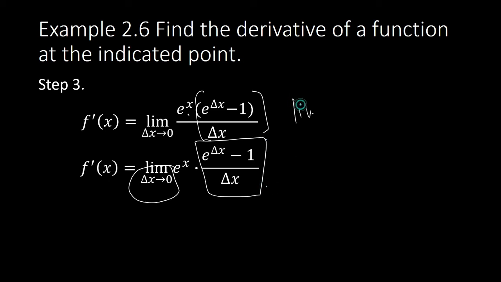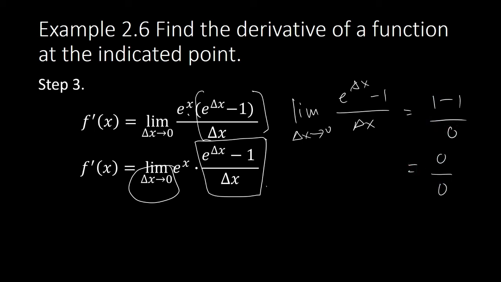What is the limit of e to the delta x minus 1 over delta x as delta x approaches 0? This is equal to e to the 0, which is 1, minus 1, over 0. So this is equal to 0 over 0, an indeterminate form. And this is not the first time we are seeing this.